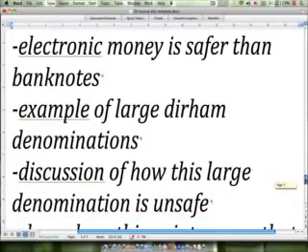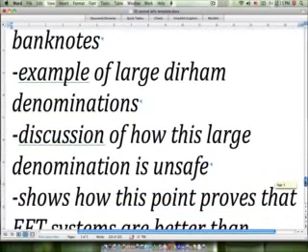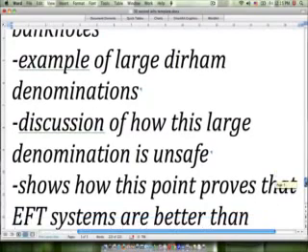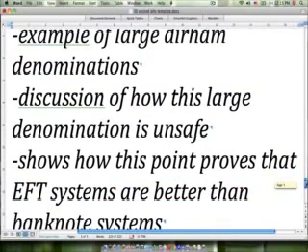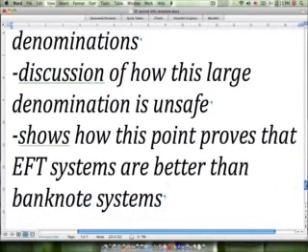First, electronic money is safer than banknotes. That's the topic sentence. Then they provide an example of large dirham denominations. Thirdly, they provide us a discussion of how large denominations are unsafe. Finally, they show us how this point proves the thesis that EFT systems are better than banknote systems.